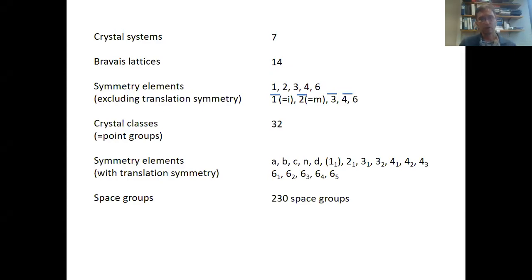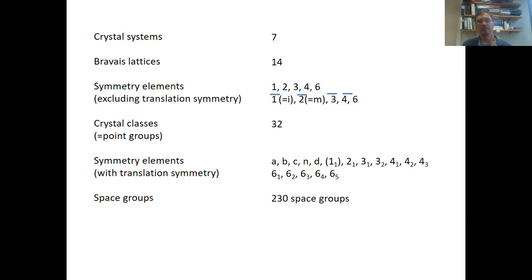Okay, let's move on. Let me briefly review what we discussed in the last class. We focused a lot on symmetry elements that include translational symmetry, and we have learned that we have the glide planes, overall 5 of them, A, B, C, N, and D glide planes, and we have screw axes, which can have either 2-fold, 3-fold, 4-fold, or 6-fold symmetry.